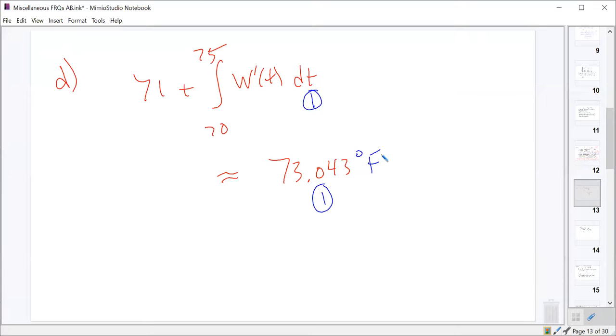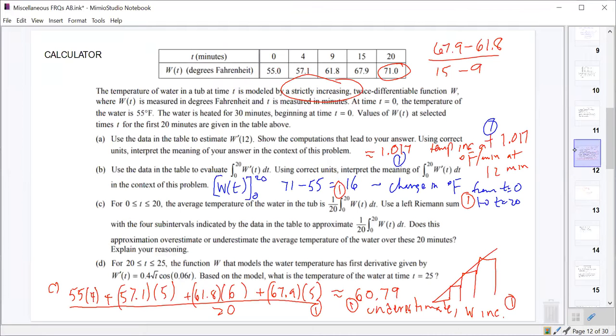How many of you got all 9 points? How many of you got more than 7? B was 2 points, 1 for the value and 1 for the explanation. 7 out of 9 is good.